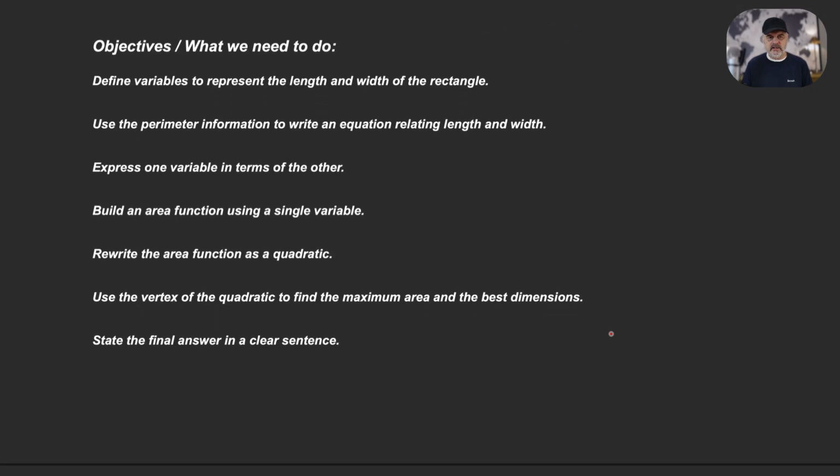So let's identify the objectives and define the variables. When you're planning a solution, you have to create a diagram. Pick letters of your choice to identify them as your variables. Use the perimeter information, so make sure you have that right in front of you.